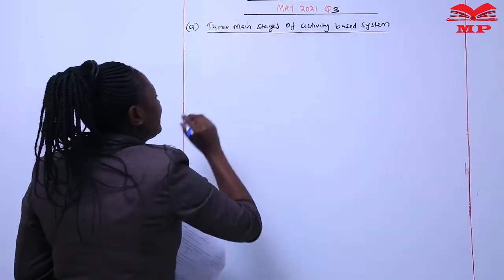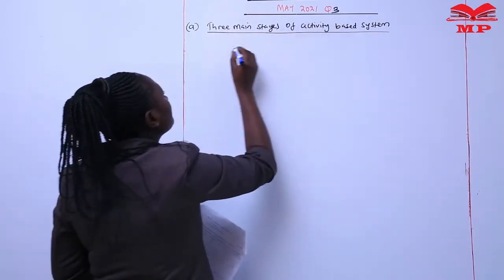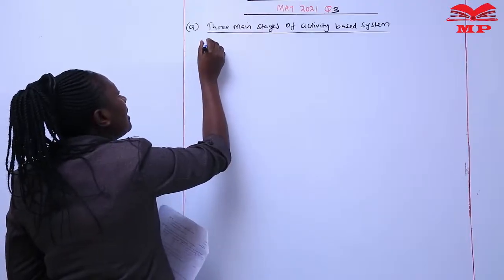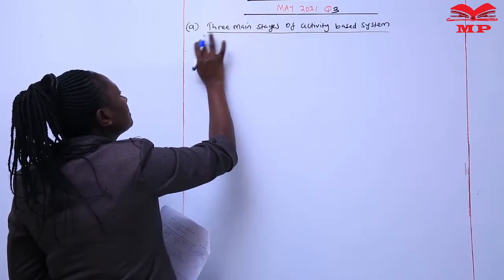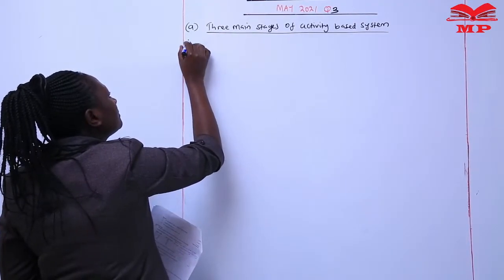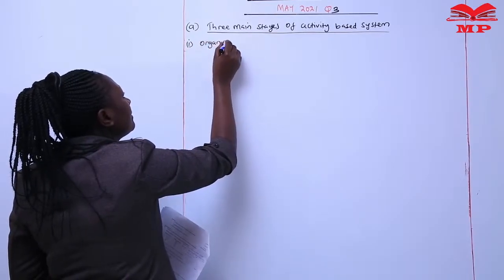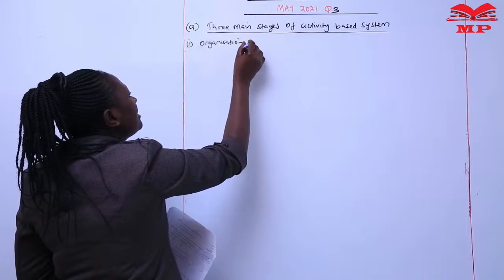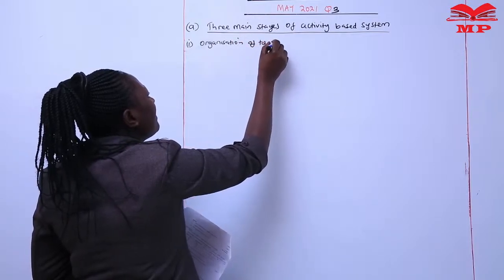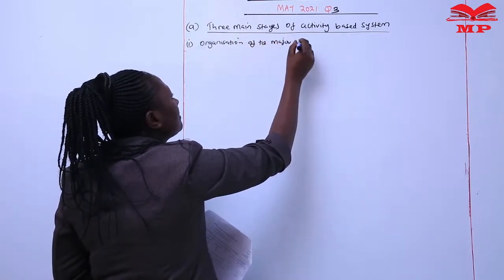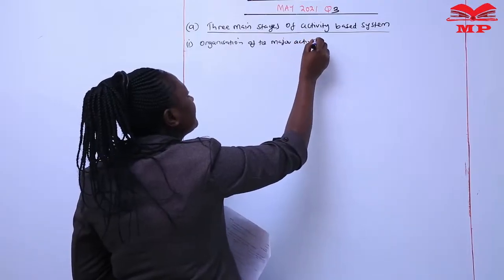So the 3 main stages include Roman 1, organization of the major activities.